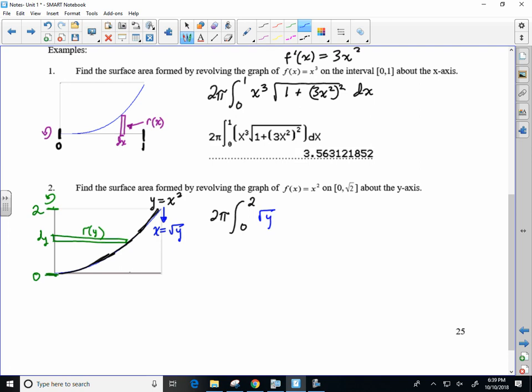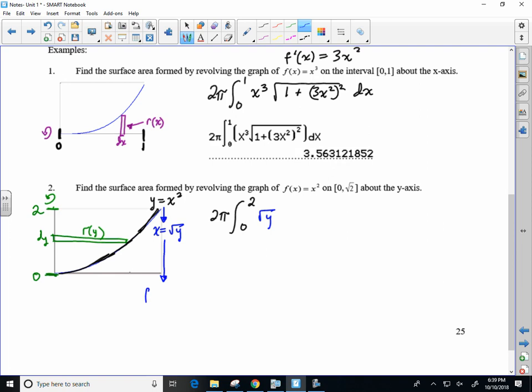I also need f prime of x, which is easily enough. Oh, sorry. Really wanted that to be a little easier than it would end up being. All right, so let me just make a note down here.